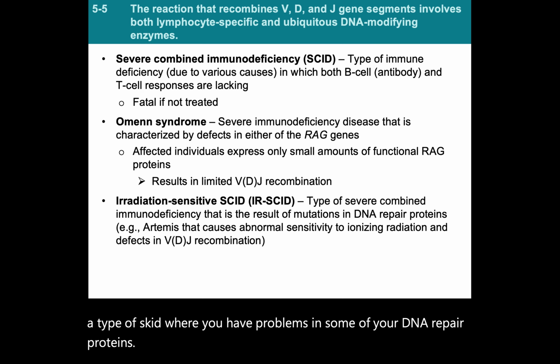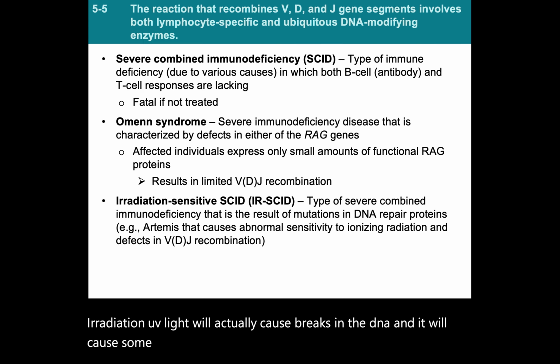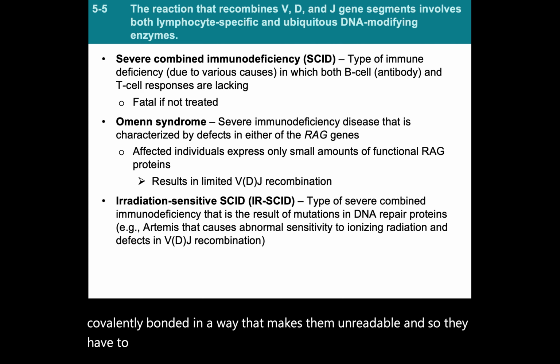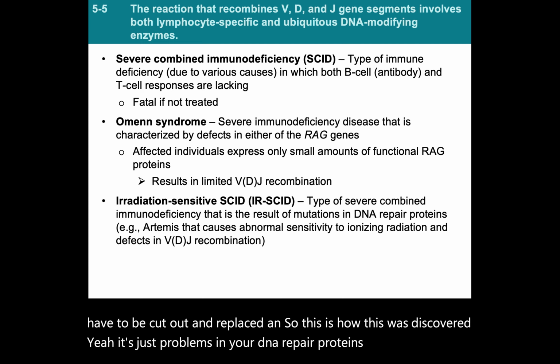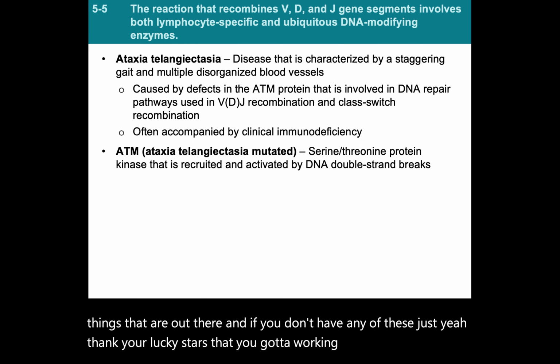Irradiation, UV light, will actually cause breaks in the DNA, and it will cause some nucleotides to get chemically joined together, like covalently bonded, in a way that makes them unreadable. And so they have to be cut out and replaced. And so this is how this was discovered. It's just problems in your DNA repair proteins. So these are all things that are out there. And if you don't have any of these, just thank your lucky stars that you got a working immune system. And it's really cool that you do.